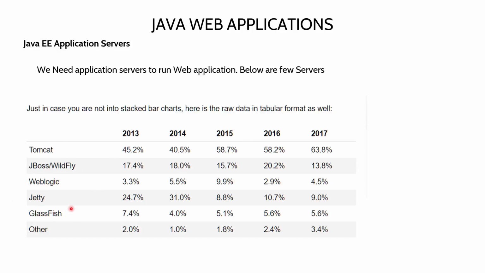Here's a listing of some popular Java web application servers. So we see Tomcat, JBoss, WebLogic, Jetty, Glassfish, and we can see some percentages here as far as market share for other Java web application servers.